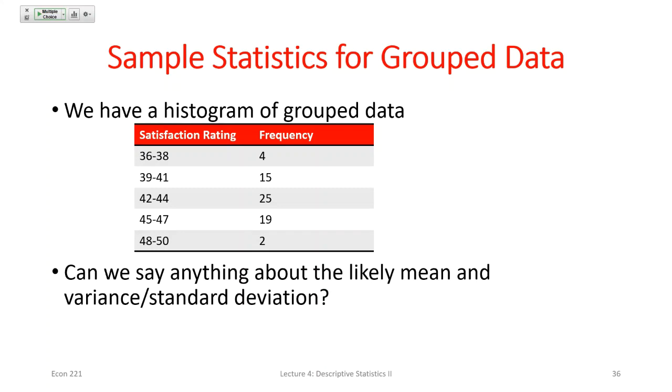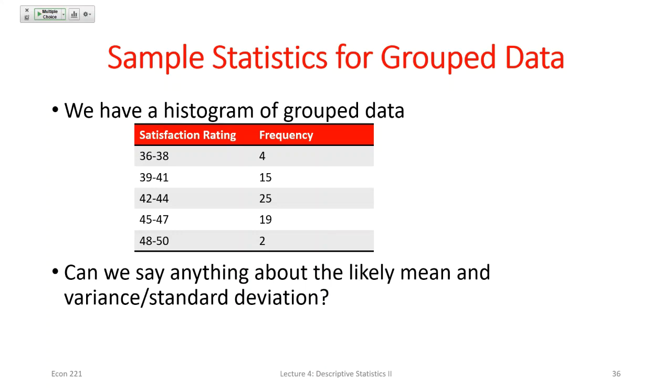There are about an equal number of observations 2 above it and 2 below it, and very few observations far away. So it's probably going to be somewhere in the range of 42 to 44, if I had to guess. Maybe a little bit higher, since it was 19 instead of 15 above it, so it could pull a little closer to 44. What do you think is going to be true about the variance?